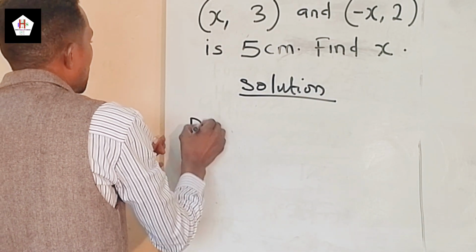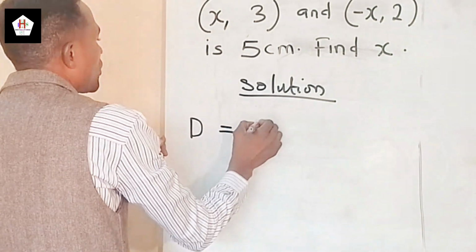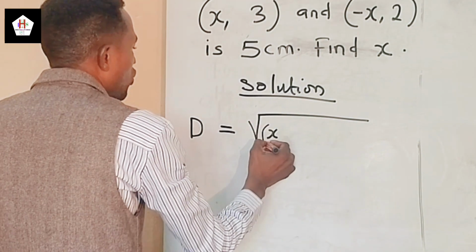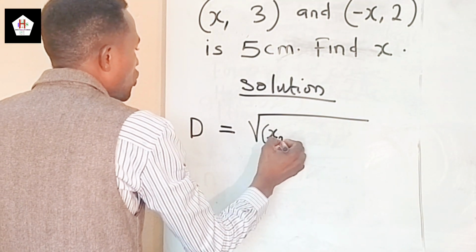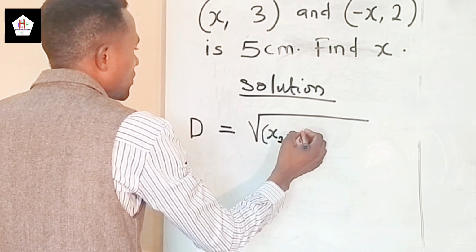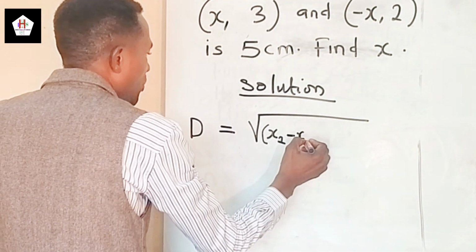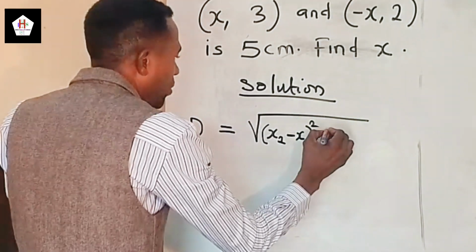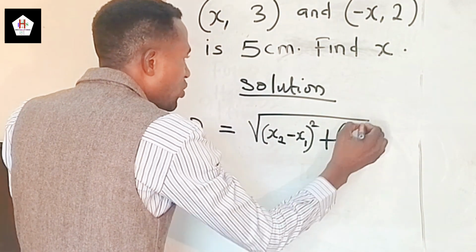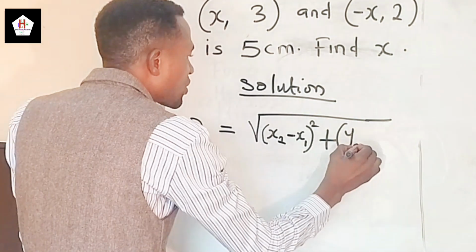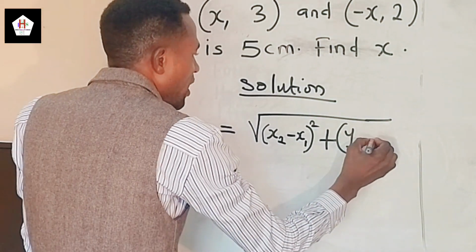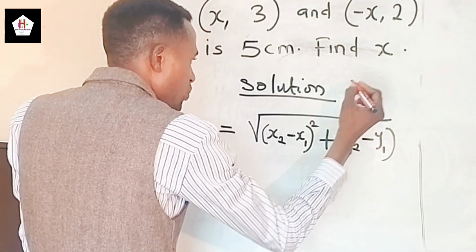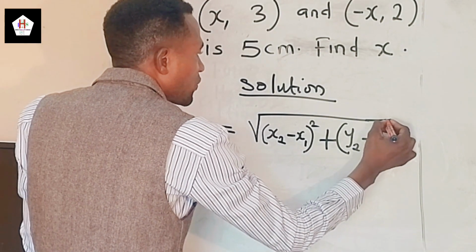The formula is D, standing for distance, equal to the root of (x2 minus x1) raised to the power of 2, plus (y2 minus y1) raised to the power of 2.